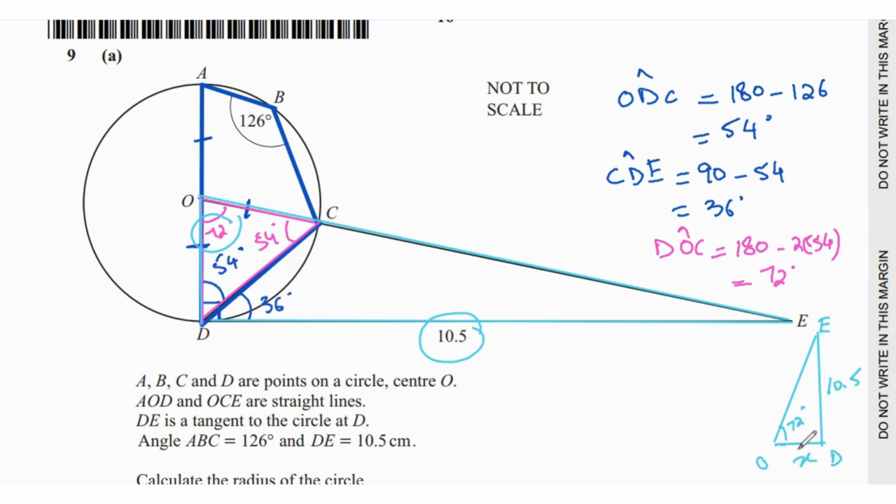So we have the opposite, we have to find the adjacent, and the angle is given. So tan 72 equals 10.5 over x, which means x is going to be 10.5 divided by tan 72. That is going to give us a value of 3.41 centimeters. So that is the radius of the circle.